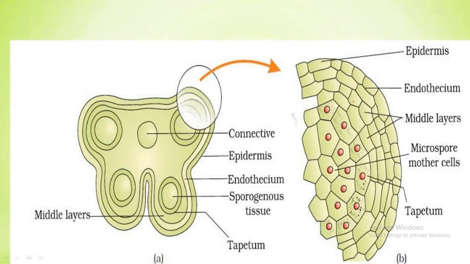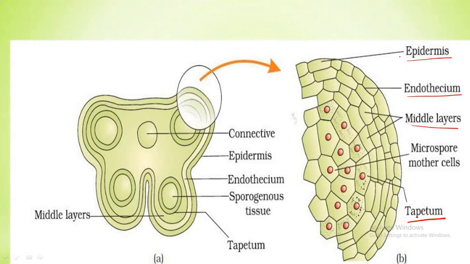This is the diagram which is given in your textbook. Again, you can see the bilobed structure. This is the anther. At the 4 sides of the anther, there are microsporangia. If we see a microsporangium under the microscope, we will find it like this, where it has 4 layers. The outermost layer is the epidermis. Inner to the epidermis is endothecium, then the middle layers, and the innermost layer is the tapetum.